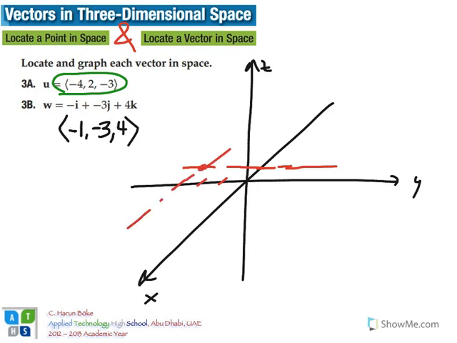So my point will be here, as in the coordinate plane. Now I will consider my z here. I will go 4 units up, 1, 2, 3, and 4. So my point will be here. Okay. Now I'm going to draw my vector from there to the origin. So this is my vector W, which I have located.